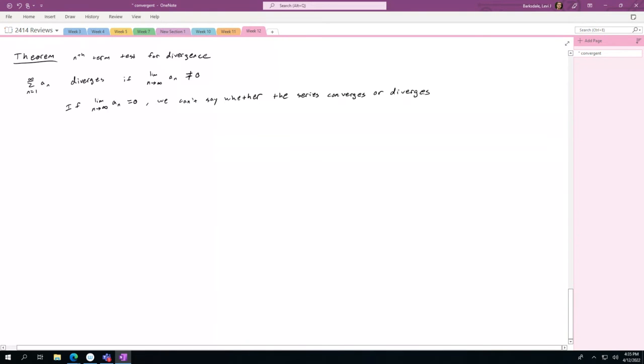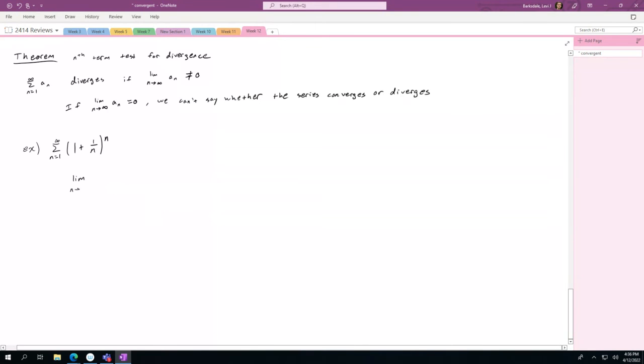So let's do a quick example. Let's say we have a sum from n equals 1 to infinity of (1 plus 1 over n) to the n. Well, let's apply our nth term test. Sound good? Okay.